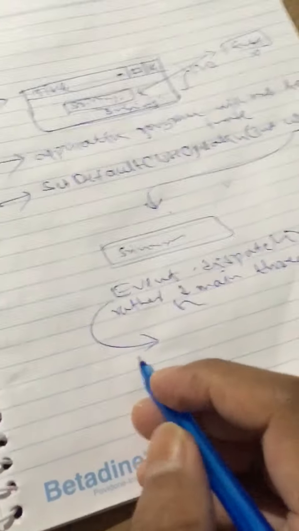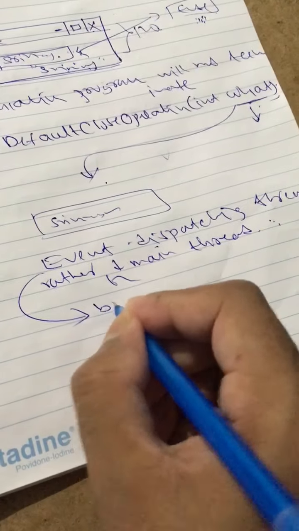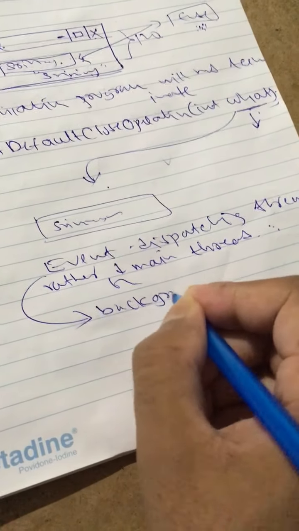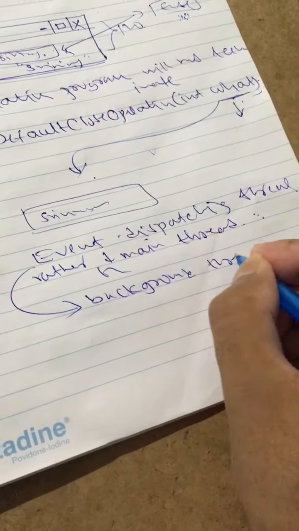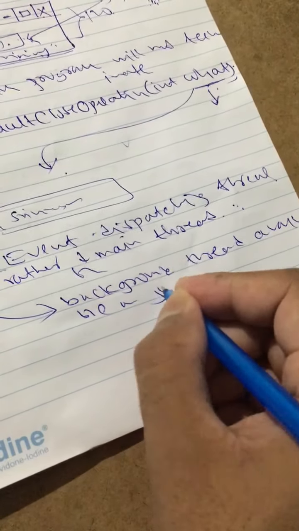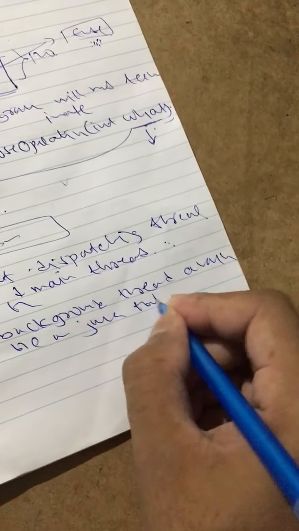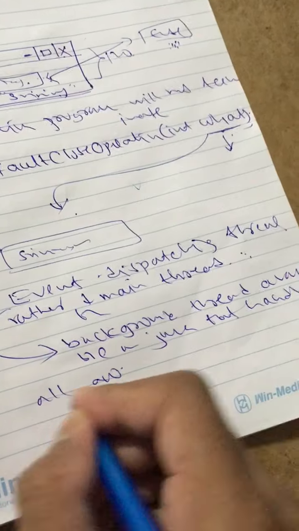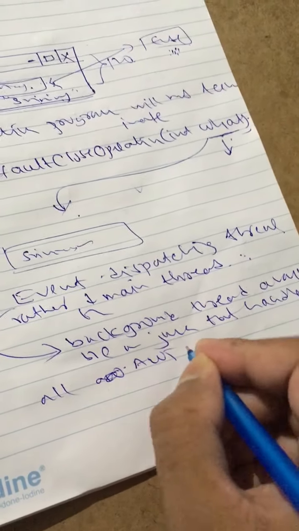What is the event dispatching thread? The event dispatching thread is the background thread available in Java.